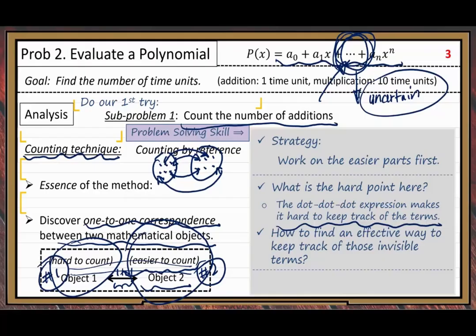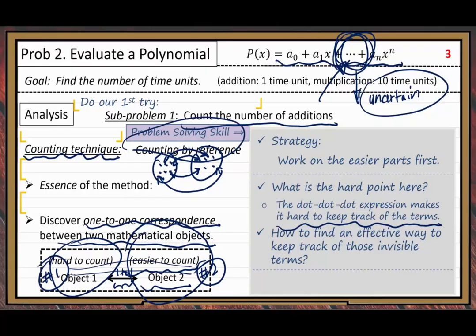So we can find the counting number easily when we switch to counting object 2. After we get that number, we make our conclusion: the number of object 1 is the same as the counting number we derived from counting object 2. That's the counting by reference idea. We use object 2 as the reference objects for object 1.